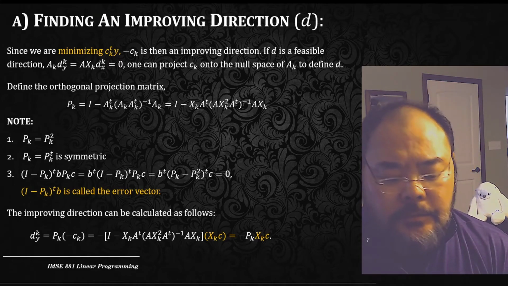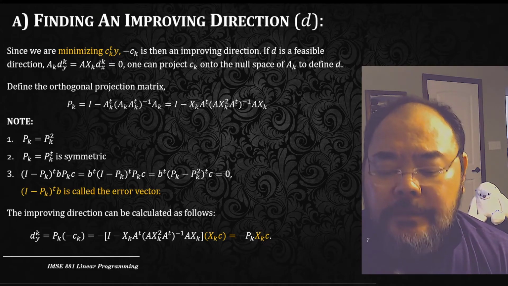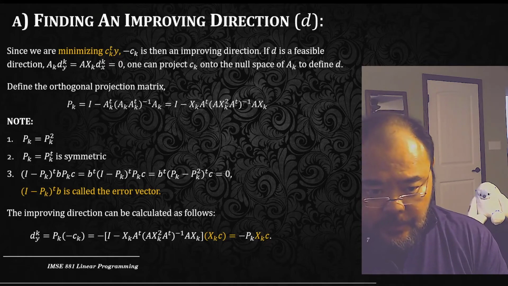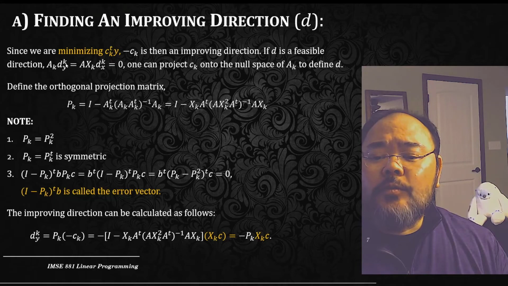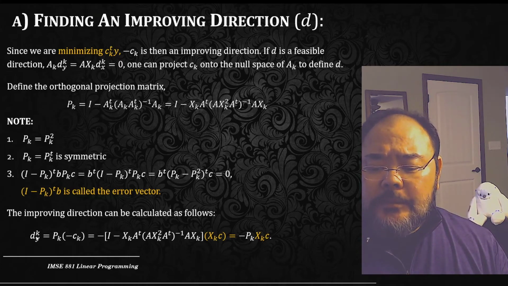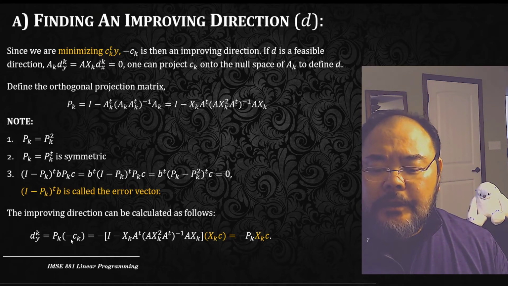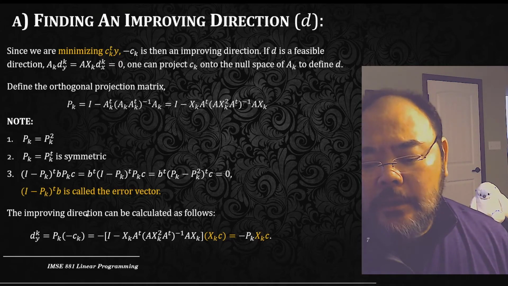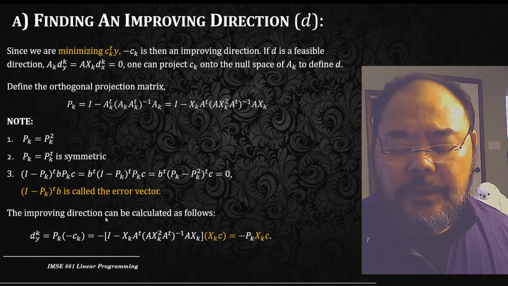After this, we can define our improving direction, which is also feasible, since it satisfies AK times dyk equals 0. So dyk equals the projection matrix PK multiplied by negative ck, which projects negative ck onto the null space of AK times y equals b.